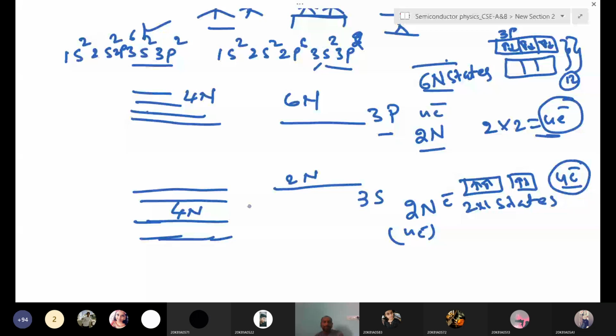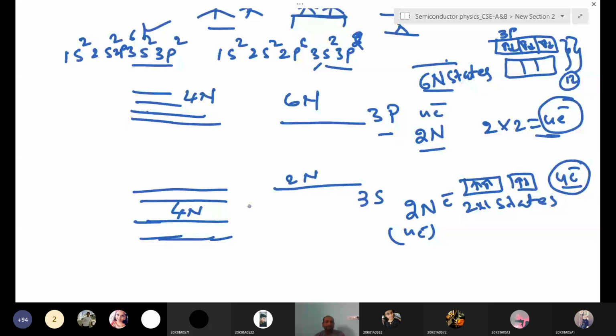That means 4N electrons will be filled in this state. But here 4N states are available and 0 electrons are filled in them, because this is the highest energy and this is the lowest energy. Lowest energy states fill first. That's why all electrons fill the lowest energy band, and in the upper energy band there are no electrons.